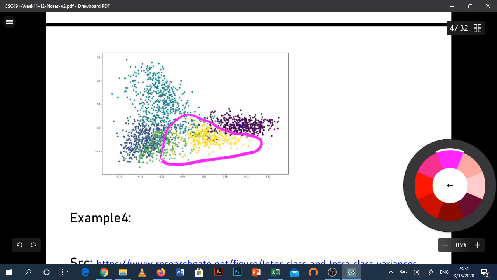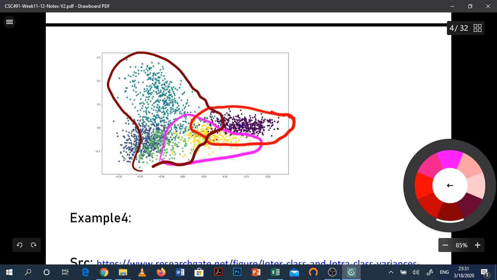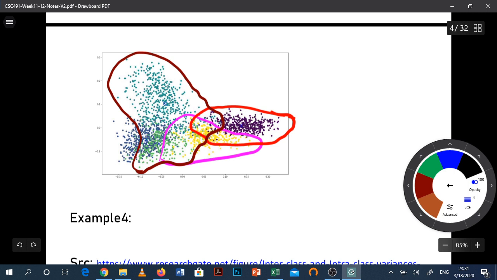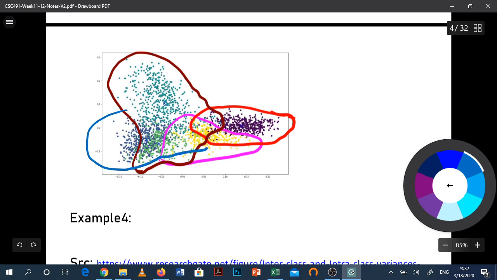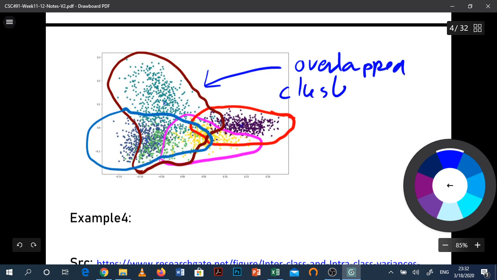Those are the boundary of the yellow, and these are the boundary of the dark reddish purple, and there could be more boundary of the green data points there, and more boundary of the dark blue data points. So these are examples of overlapping clusters, which is not ideal but could happen in many real-world applications.